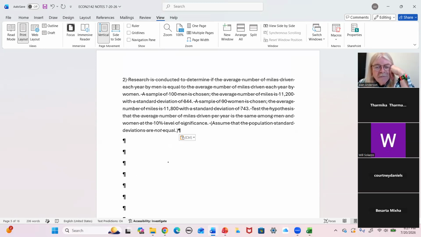So let's write that out. First, the null is that the means are equal. Oh, sorry. No, in this book, again, every book is different, they're writing it like this.